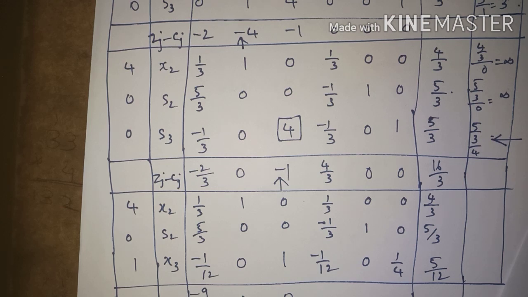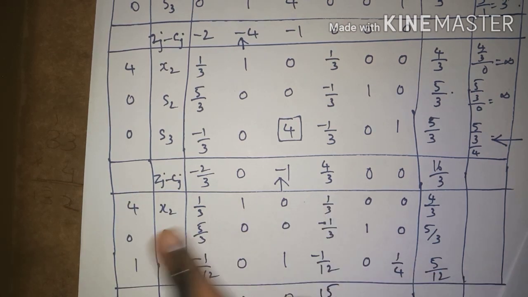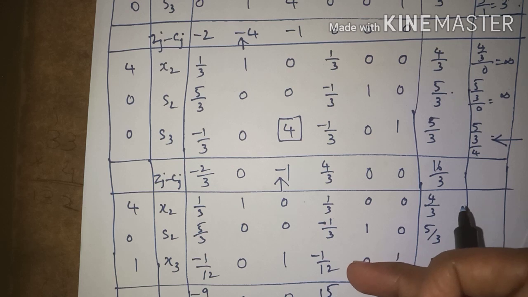LCM is 12: 16 minus 1 is 15 by 12. You will get it like this.